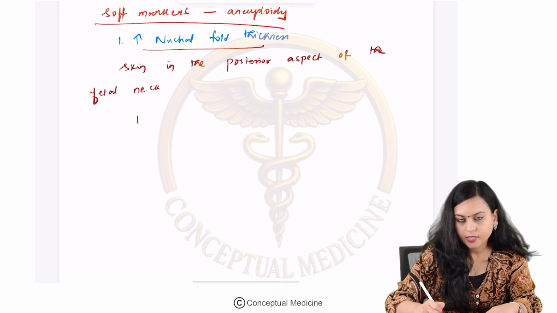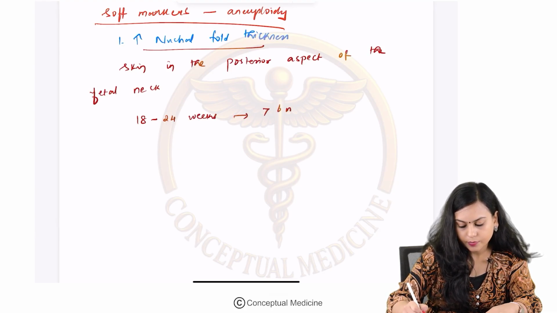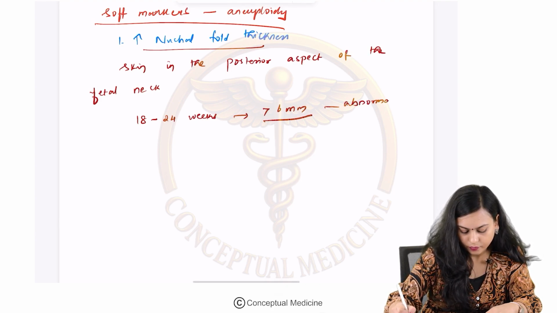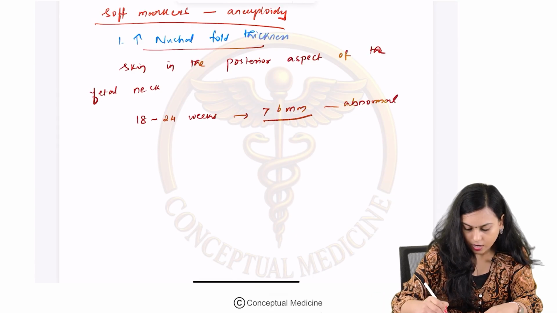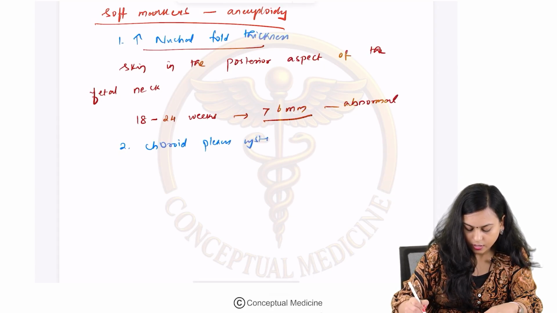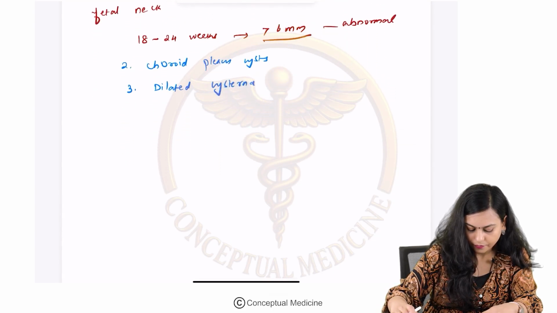This is usually done between 18 to 24 weeks, and if it is more than 6 millimeters, then it is considered to be abnormal. And the second one, you may have choroid plexus cyst, or there can be dilated cisterna magna.